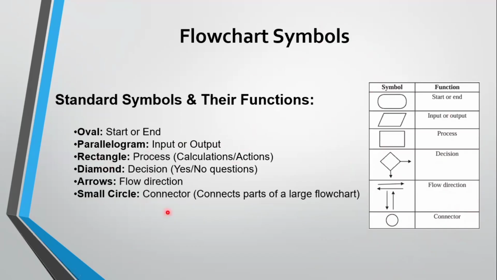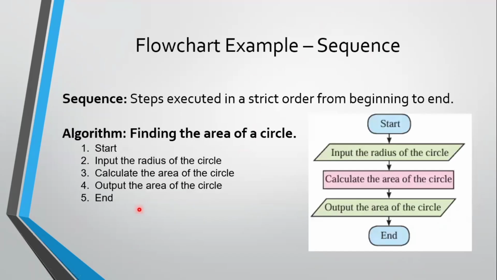So here is a simple flowchart for finding the area of a circle. This uses a sequence control structure. We discussed three types of control structures in our previous session. This is the first type, the sequence control structure.